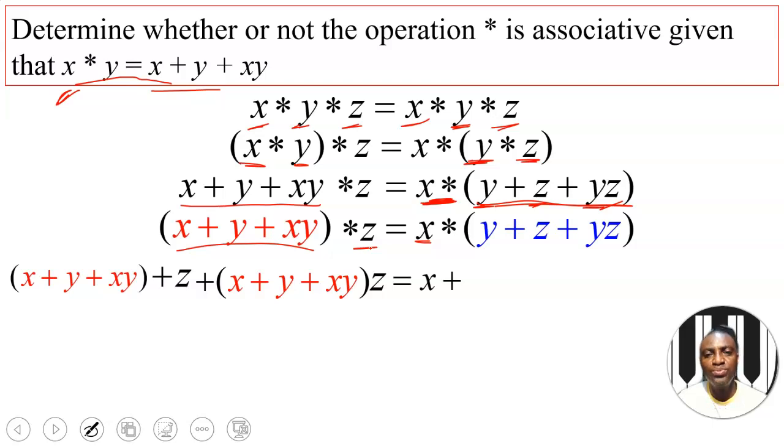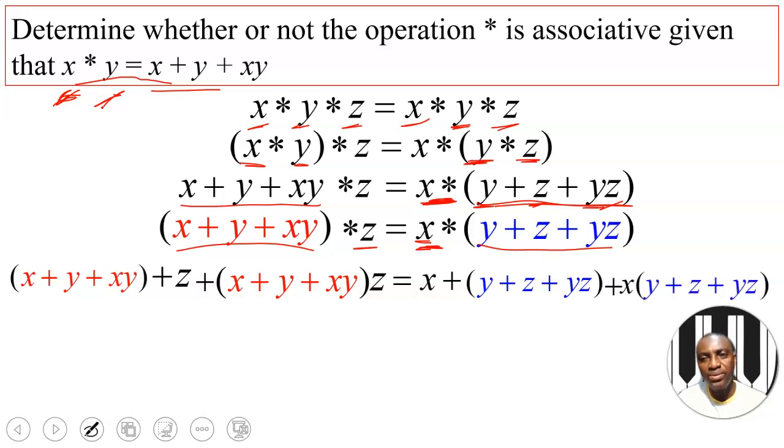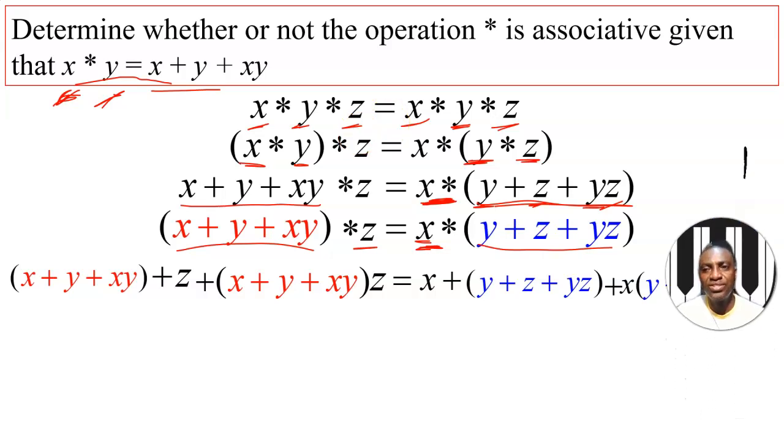It's equal to, now when I come to the right hand side, the x also represents x originally as it is, and the whole of this represents my y. And so it's going to be x plus that y plus x times y. Do you see that? Beautiful. So we get this one as such.